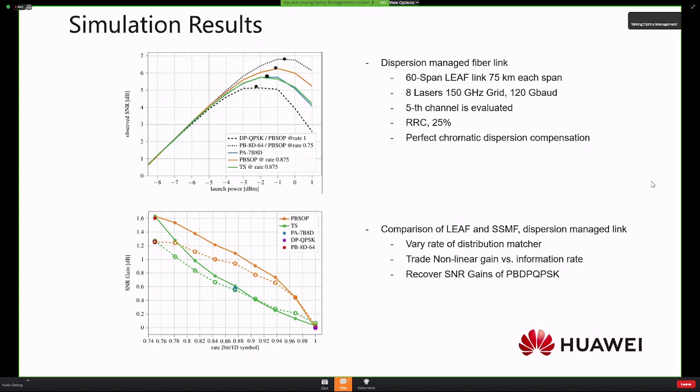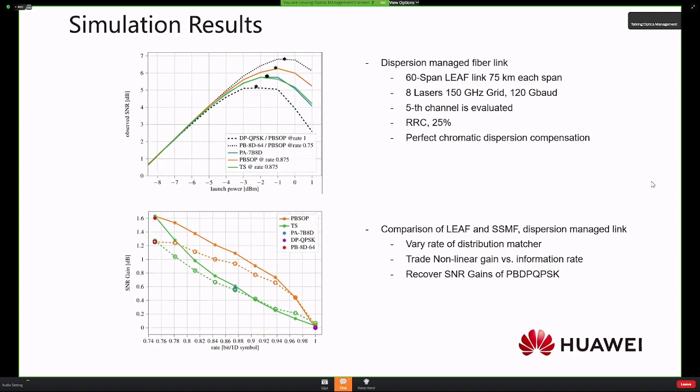So bringing those maxima that we show here together over different rates. You see we fixed the rate here to 0.857 bit per real dimension.